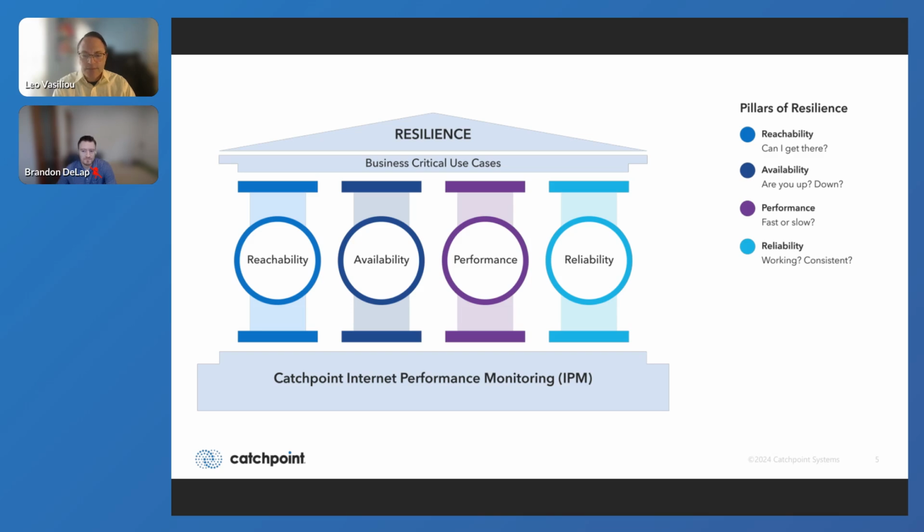Now let's talk about this idea of reachability, to which we ask, what good is a brightly burning sun if its rays cannot reach you on the beach on a cloudy, stormy day? What good is a highly available, highly performant, super fast data center if those bits and bytes cannot reach the far corners of the internet?